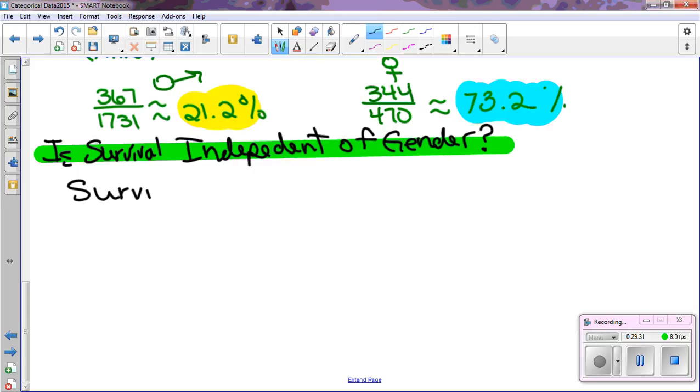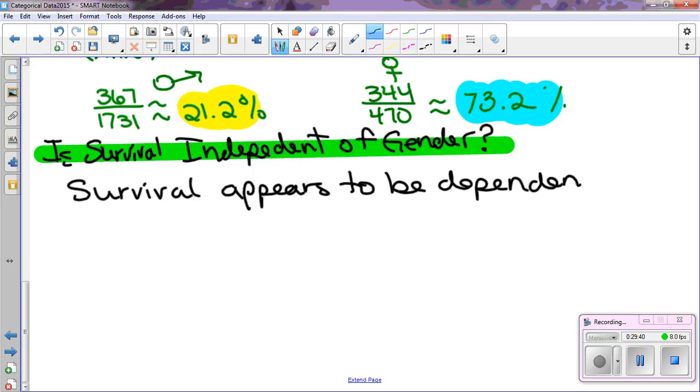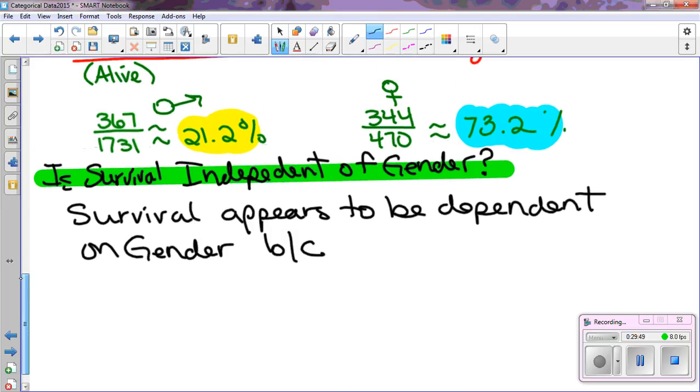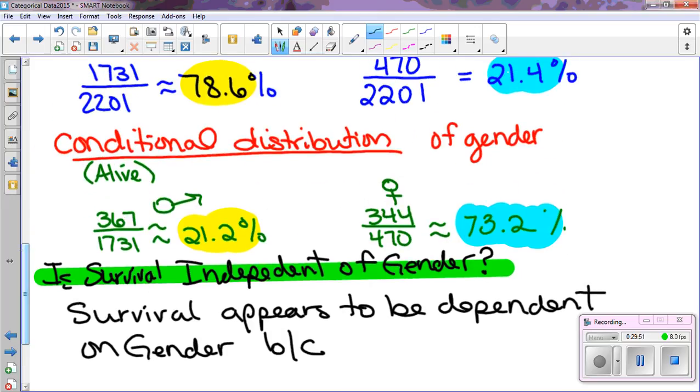Survival appears to be dependent on gender because, and let's use our statistics, the marginal distribution of gender is very different from the conditional distribution of gender for those that survived. Does that make sense? Use those words.